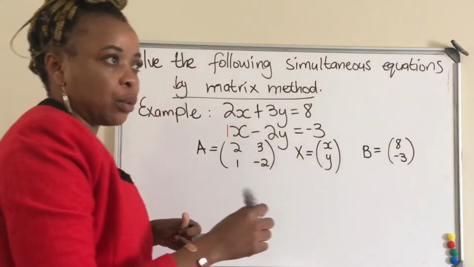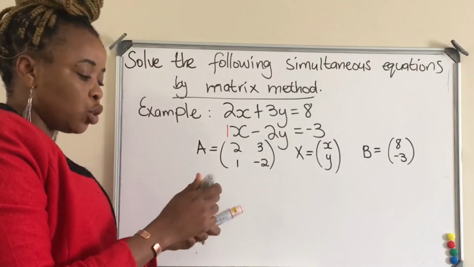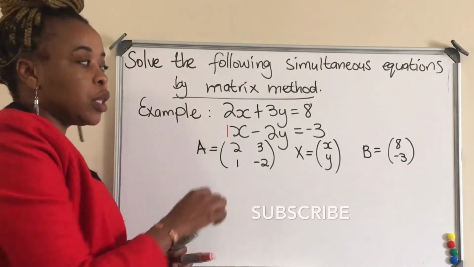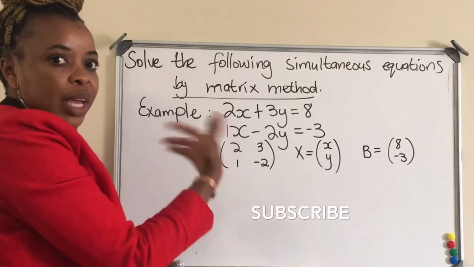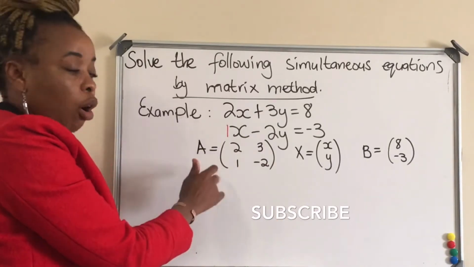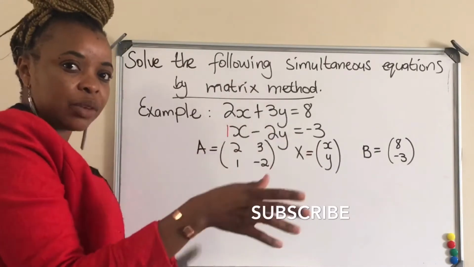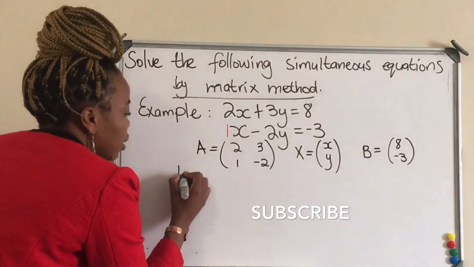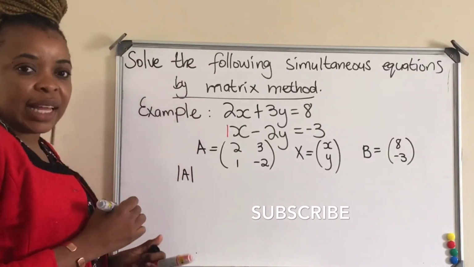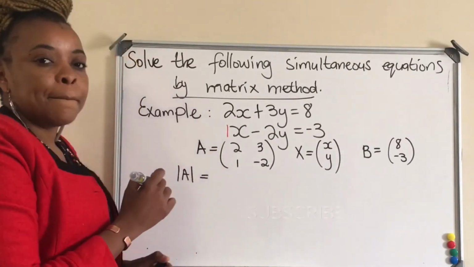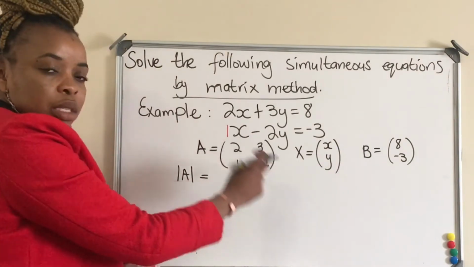So after that, we will need to now find what we call our determinant, because we will need to find the inverse of this. But to get the inverse, we need the determinant of A. And to get the determinant of any matrix, which we denote by writing it like that, the determinant of A is found by multiplying this 2 and -2.